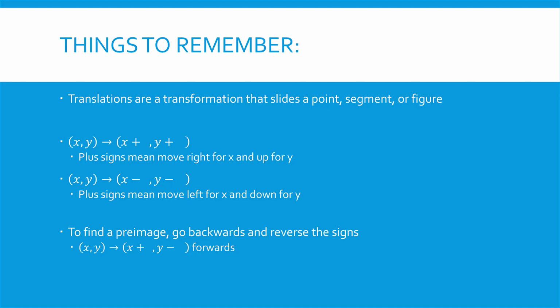And if you want to find a pre-image, you need to go backwards. So this would be going forwards, right and down. So going backwards, we want to go left and up. But what we want to make sure we remember is that we're going backwards every time, if we're trying to find a pre-image.